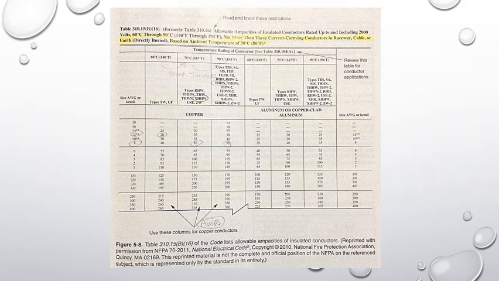This asterisk directs you to section 240.4(D), where it is stated that a 14 AWG conductor can be used in a circuit rated for a maximum of 15 amps. Thus, a 12 AWG conductor is needed in this utility room. See figure 5-9.